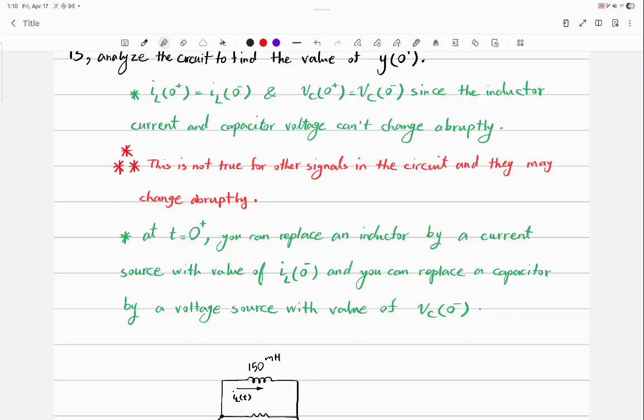The inductor is a current source. Yes, at t equals 0 positive, you can replace an inductor by a current source, or you can replace a capacitor by a voltage source.